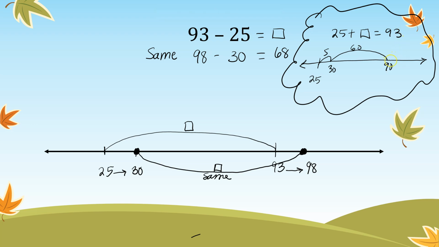But then I have to get to 93, so I'm going to go 1, 2, 3 more. And 93 is right here. So that would be 5 plus 60 plus 3, and that is 68. Therefore, 25 plus 68 is 93. And that is an addition strategy.